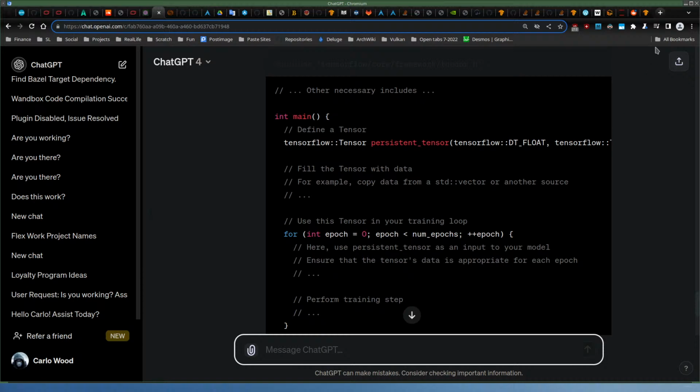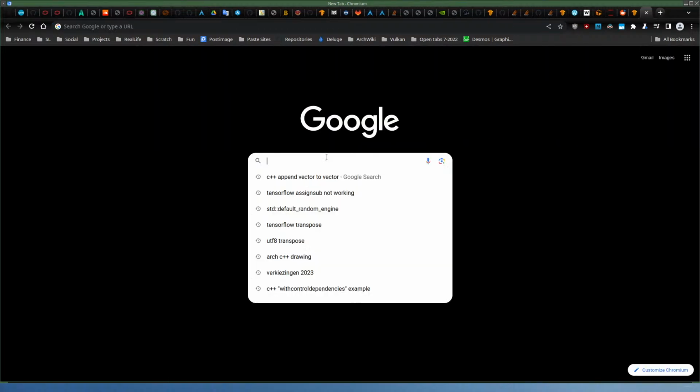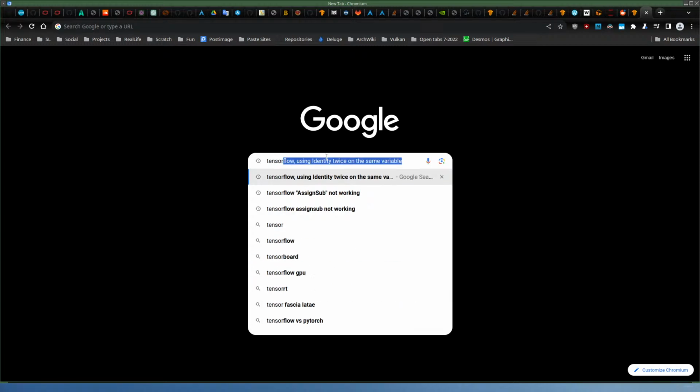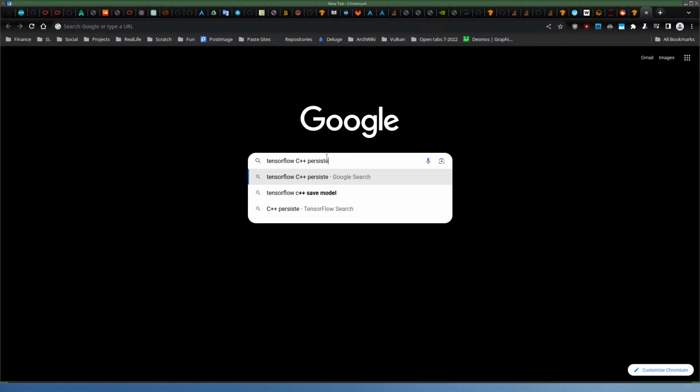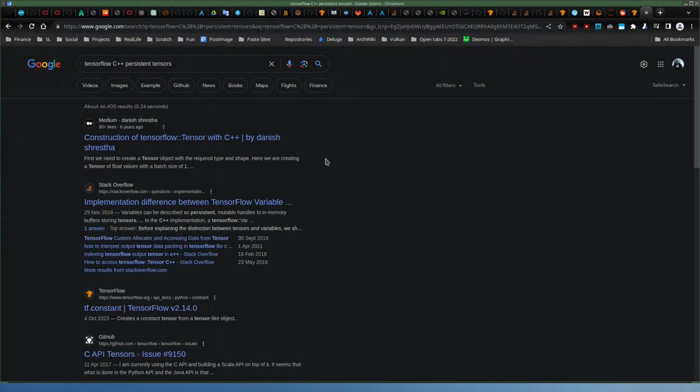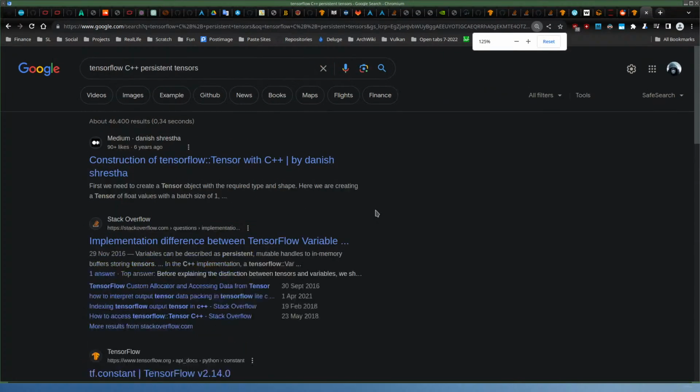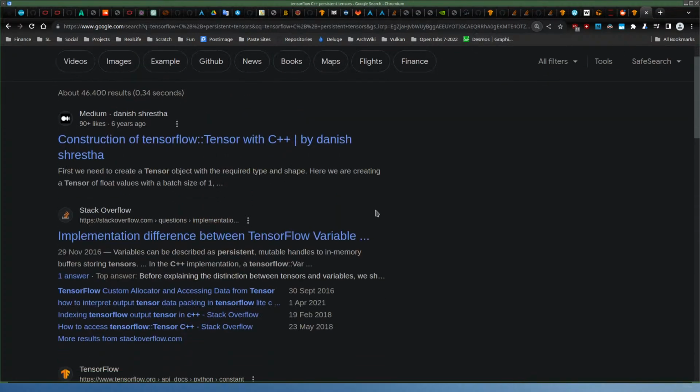Nope. I'll have to Google it, I think. TensorFlow, C++, persistent tensors. You need to create a tensor, with type shape, creating a TensorFlow, blah.